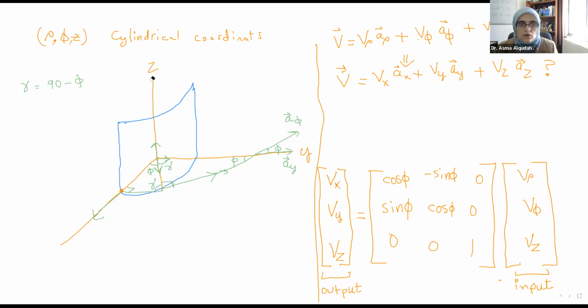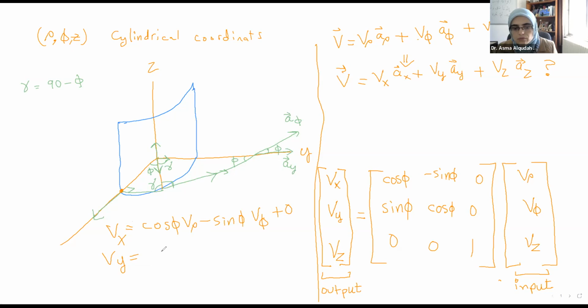Okay, so according to this, v sub x is equal to what? So v sub x is equal to cosine phi v sub rho plus or minus sine phi v sub phi plus 0.